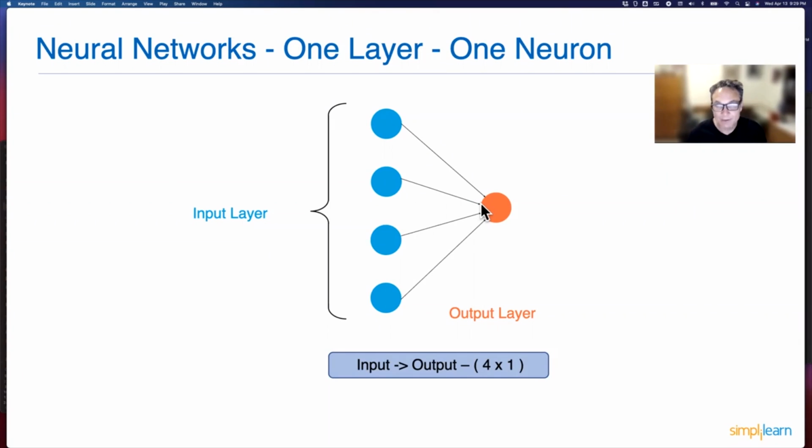And this is called a 4x1 neural network, which means 4 inputs, 1 output. So one neuron with 4 inputs. And we call the inputs a layer, even though it's not neurons, it's just a layer of inputs. And then we have our output layer. So this is one layer and one neuron. Everything that we've been showing up to now looks like this. So let's make it a little more complicated.